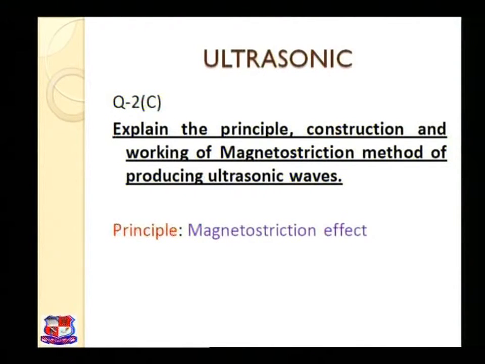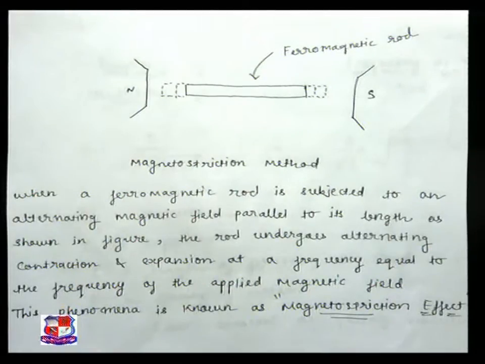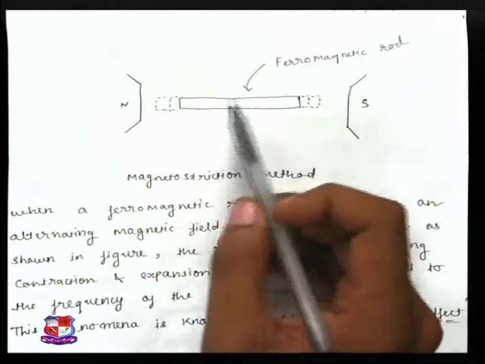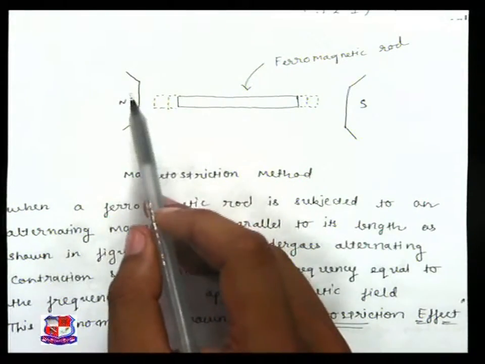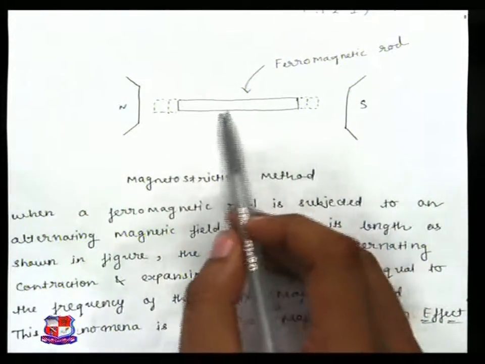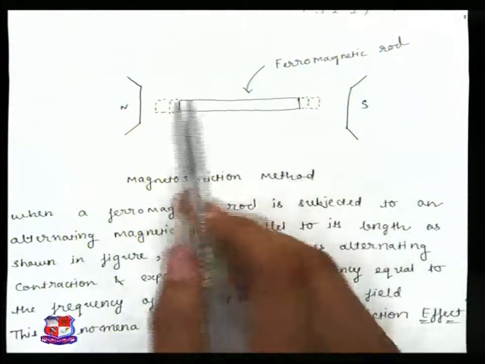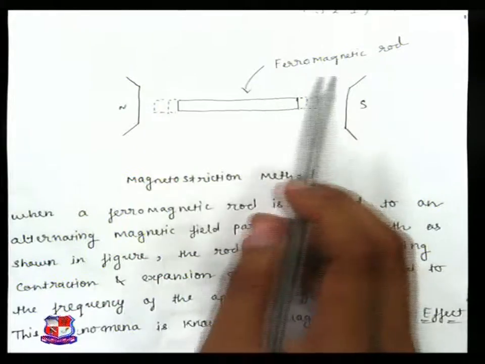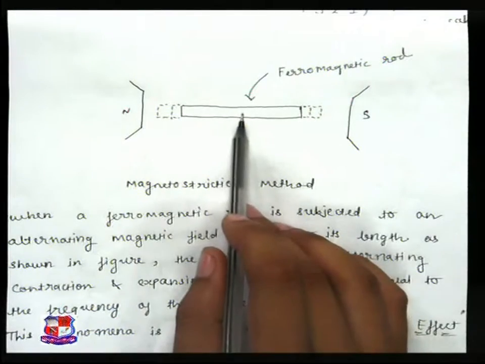When we see the slide, here you can see that principle. First of all, let us concentrate on this diagram, which represents the magnetostriction effect. Here in the center, there is a ferromagnetic rod which is placed between the magnets. This is the ferromagnetic rod, and these are the 2 magnets between which the ferromagnetic rod is placed.